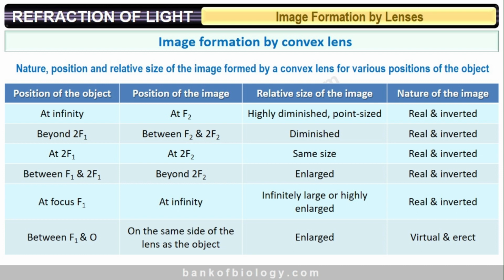Between f1 and 2f1: image beyond 2f2, enlarged, real and inverted. At the focus f1: image at infinity, infinitely large or highly enlarged, real and inverted. Between f1 and O: image on the same side of the lens as the object, enlarged, virtual and erect.